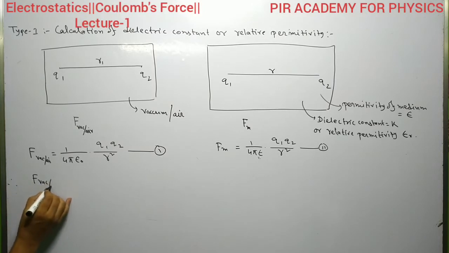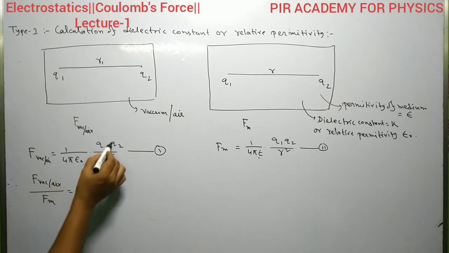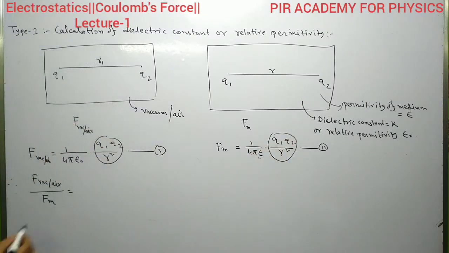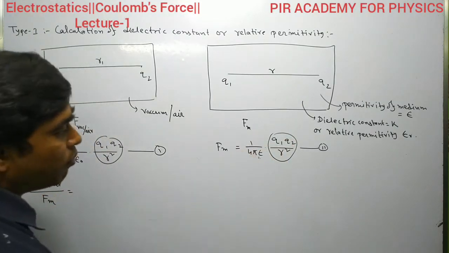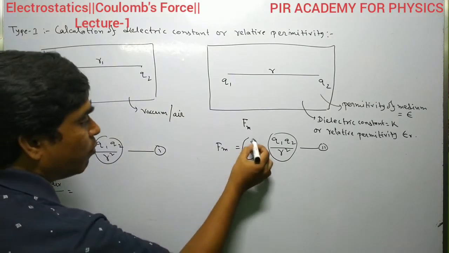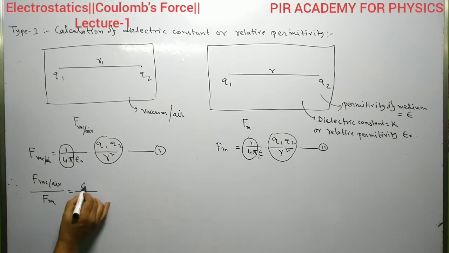So if I take F of vacuum or air divided by F of medium, then the common terms and the 1/4 pi will cancel out. Then here it will be epsilon by epsilon naught.